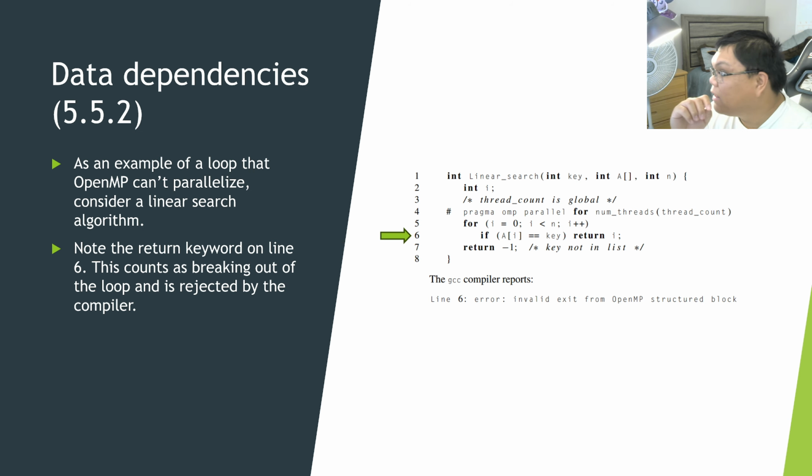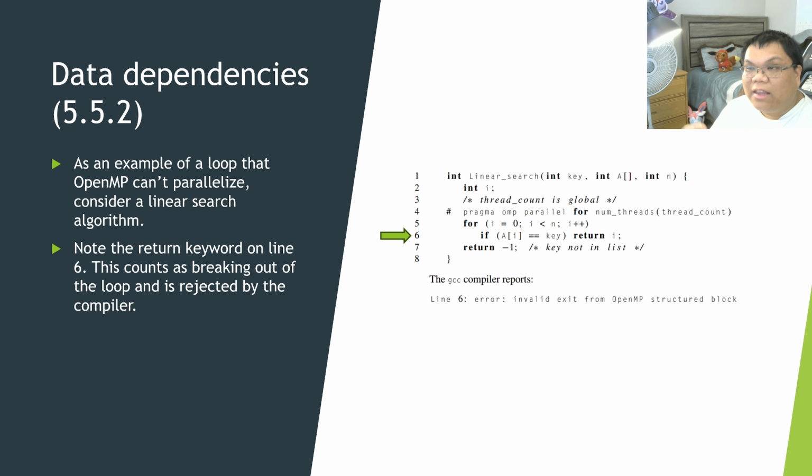That said, it is possible to parallelize a for loop that shouldn't be parallelized. We're going to look into that a little bit, but here's an example of a for loop that cannot be parallelized. This is a linear search code where we have a for loop iterating through some array of integers, finding some value within.